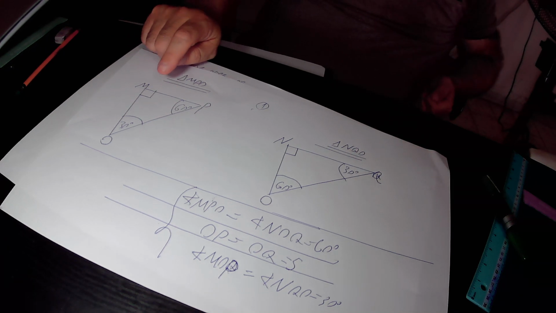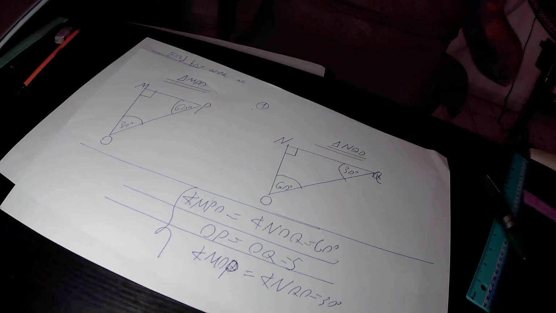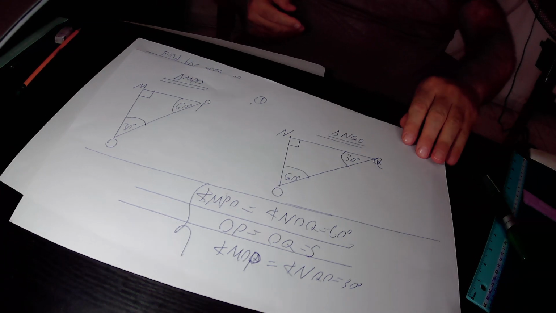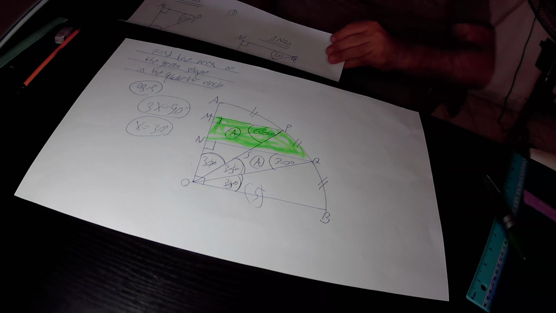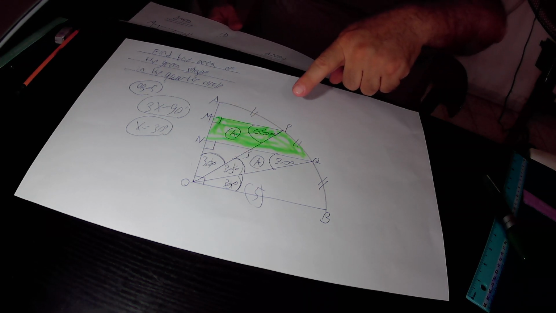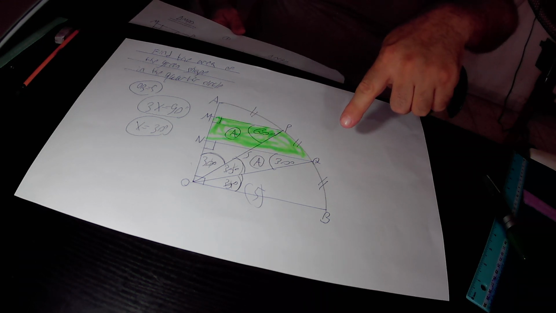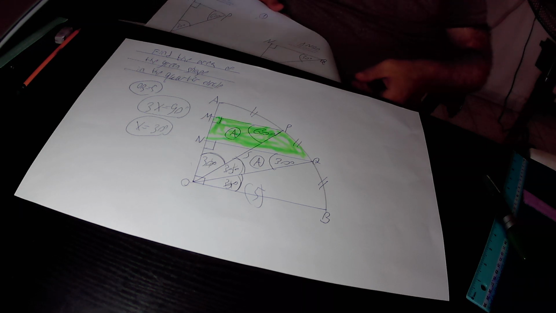In addition, side OP equals side OQ. They are both the radii of the circle, and therefore they are equal to each other. You can see from the drawings, it's very easy to see that OP is the radius of the circle, that is equal to 5, and OQ is also the radius of the circle, that is equal to 5 units.